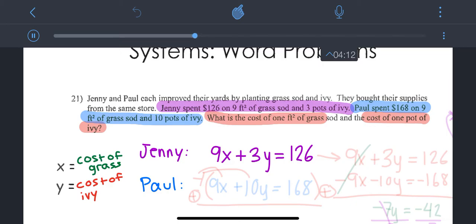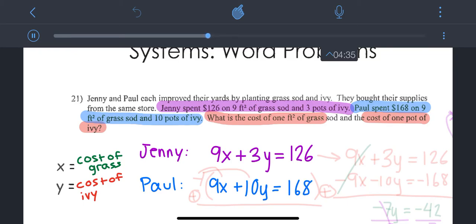So remember, X goes with grass. He got how much grass? 9 feet squared, just like Jenny. So 9x. And then how much ivy? 10 pots. So plus 10y. And what was his total? His total was 168.